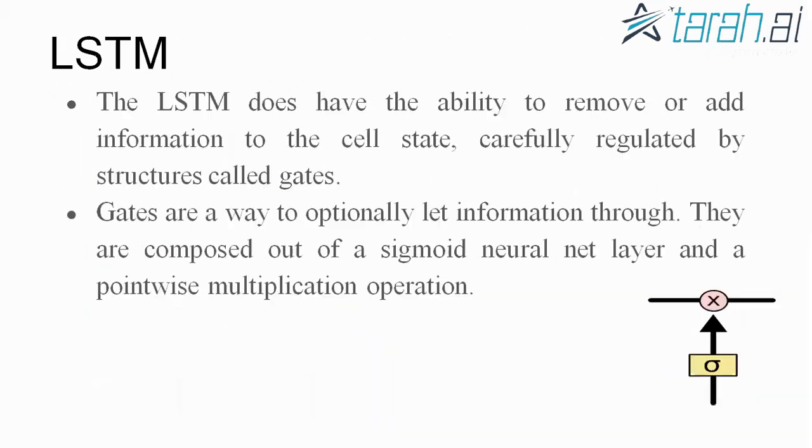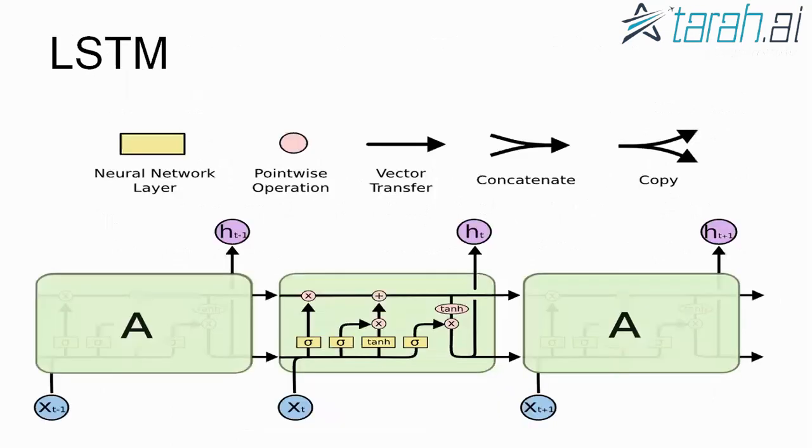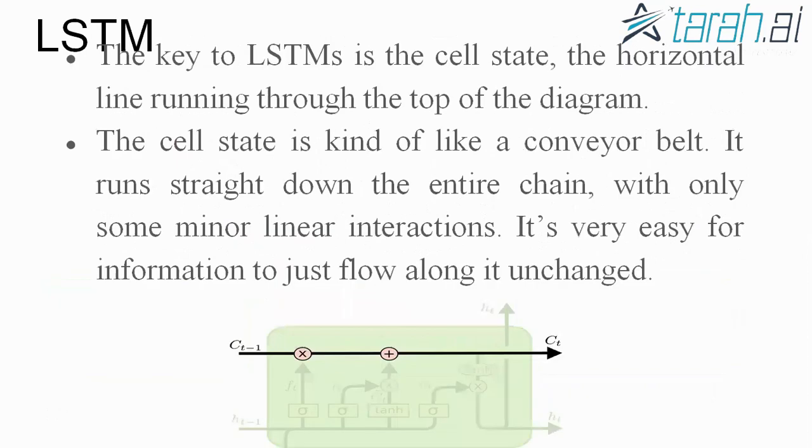So if you look at the earliest diagram here, we need to understand that cell state is the most important, which is basically the key to what is retained in the memory. Cell state is like a conveyor belt which runs down the chain with some amount of linear interactions in the middle.